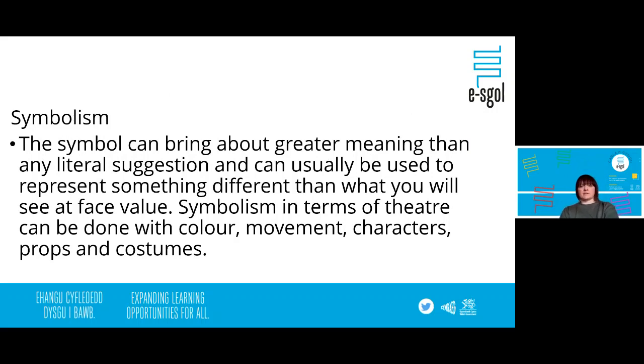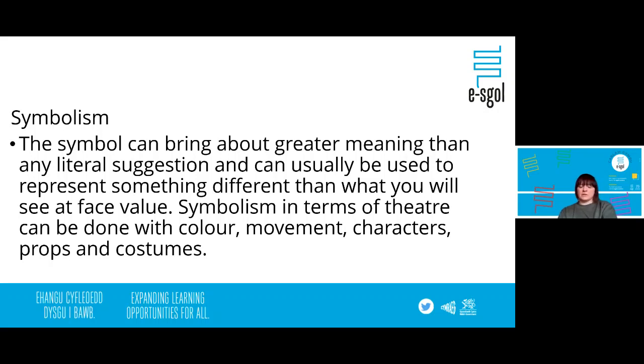Another aspect that you could be picking up on in your extract tasks is the use of symbolism. As you probably are aware, symbolism, or the symbol, can bring about greater meaning than most literal suggestions, and can be used to represent something different than what you'll see at face value.